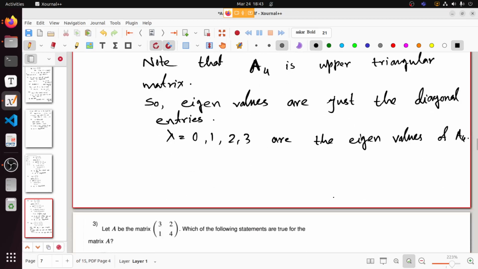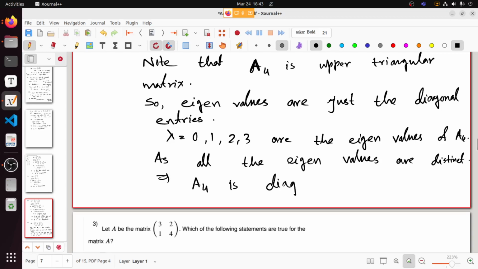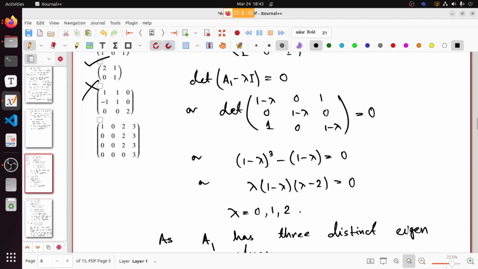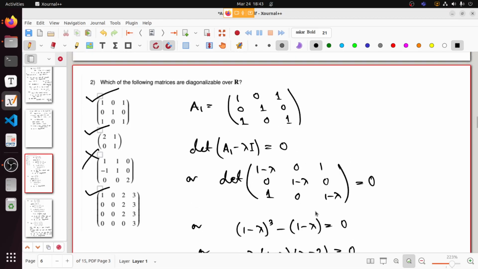As all the eigenvalues are distinct, A4 is diagonalizable. Right, so option number 4 is again correct. A4 is diagonalizable. Okay, so question number 2 is done.